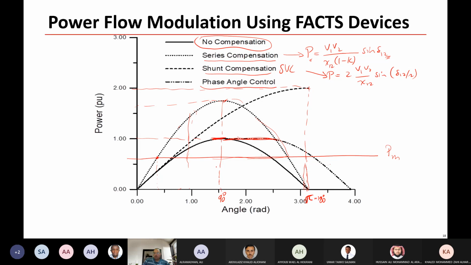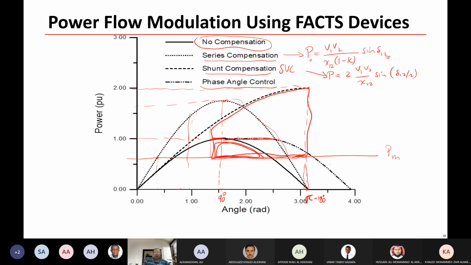increased a lot. For example, for SVC, if you have a three-phase fault, you are working here, and the fault is cleared, you can see how much deceleration area you have. All this is the deceleration area compared to only this part if you don't have SVC.